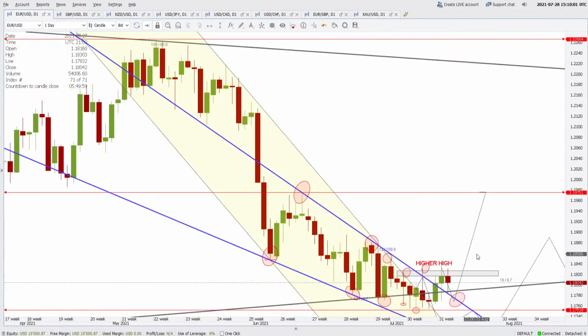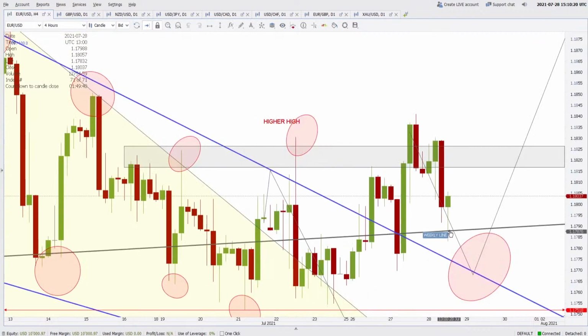I hope you got the idea. Now the next target for this pair will be 1.1975 with a small stop loss below 1.17510. If you want to give more room for your trade, put your stop loss below this low, and if you are a 4-hourly trader, you will keep your stop loss tight right below this current candle. I hope that clears it up.